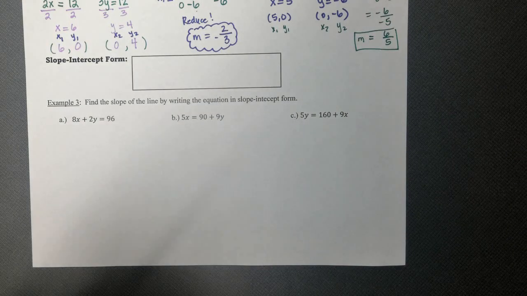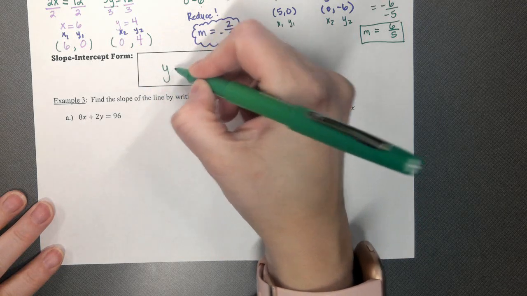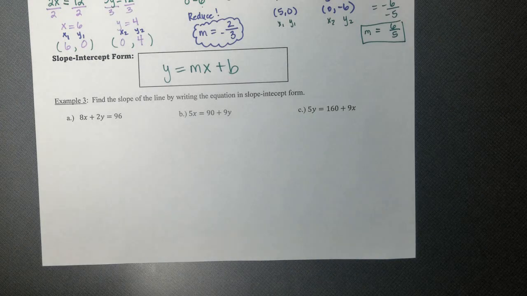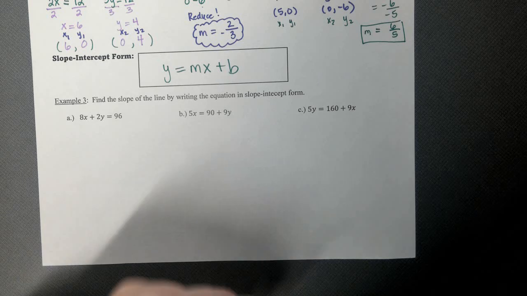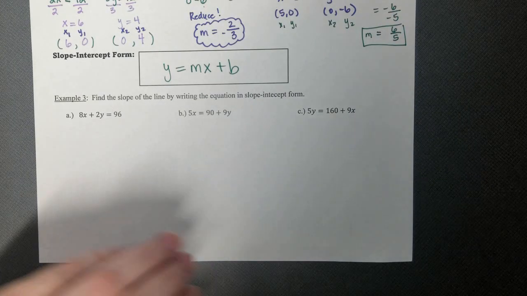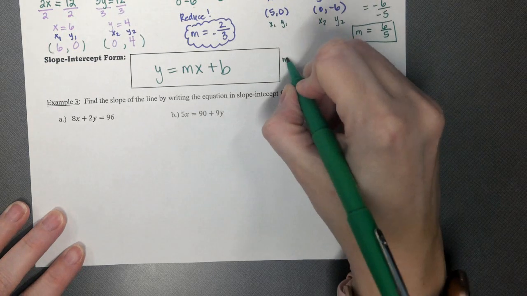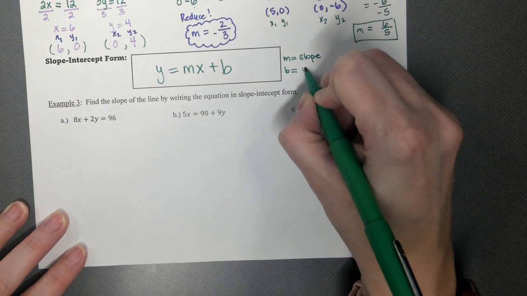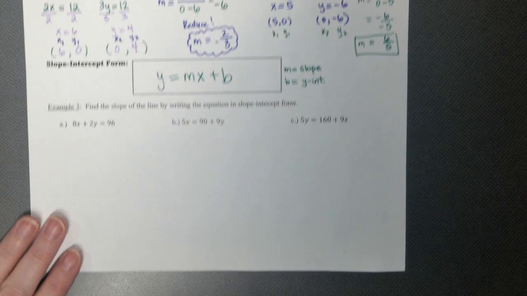Slope-intercept form is y equals mx plus b. In this form, that means that your value of m is the slope and your b is the y-intercept.